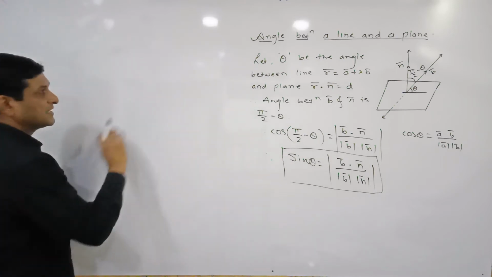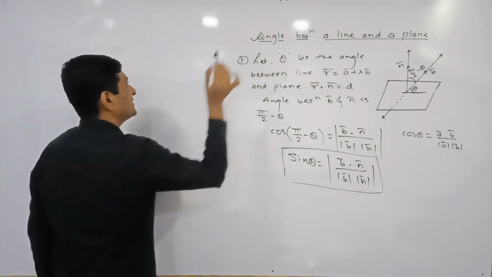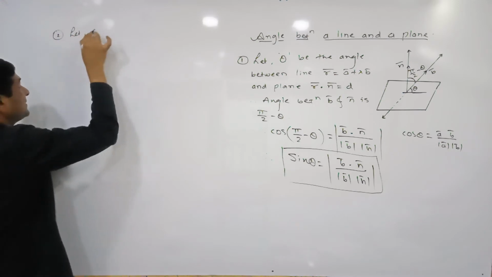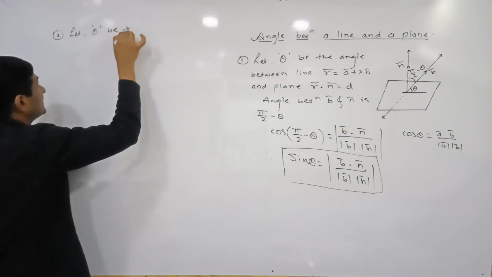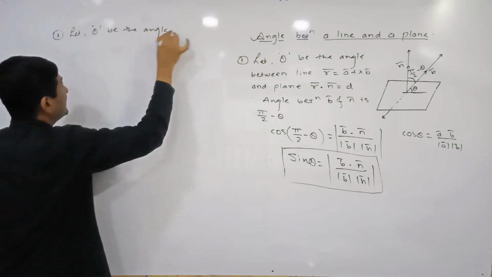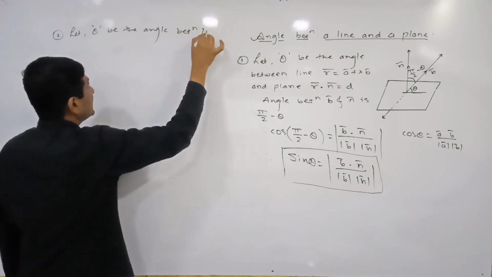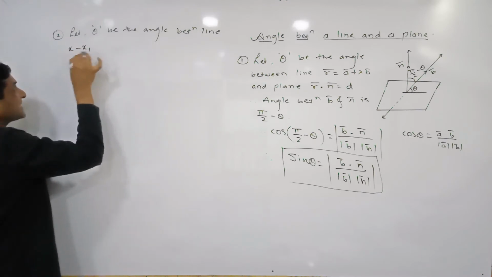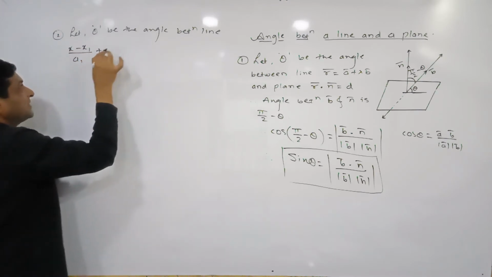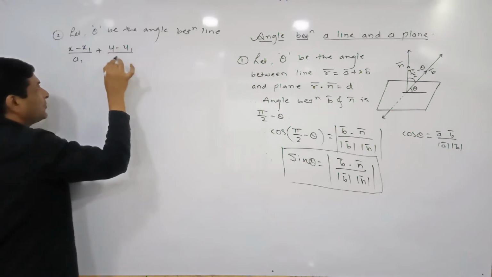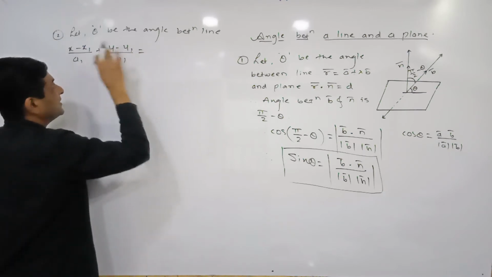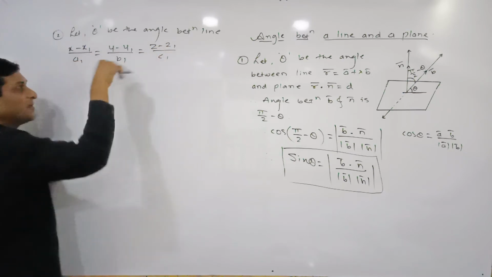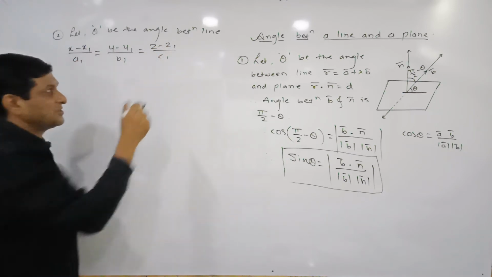So let us denote it as the first result. Now the second result: let theta be the angle between line and plane. Let the equation of line be (x minus x1) upon a1 equals (y minus y1) upon b1 equals (z minus z1) upon c1. So we have written the equation of line in Cartesian form.